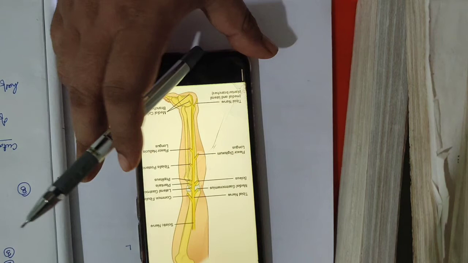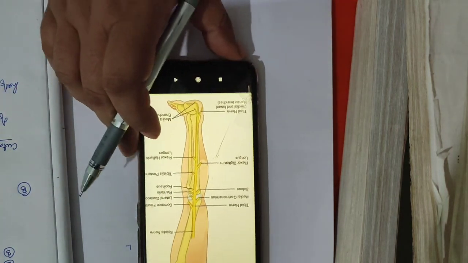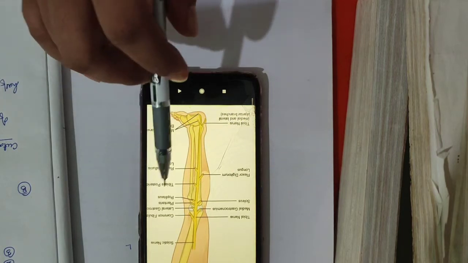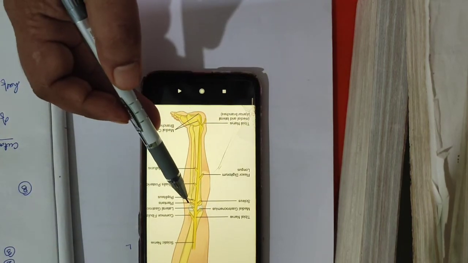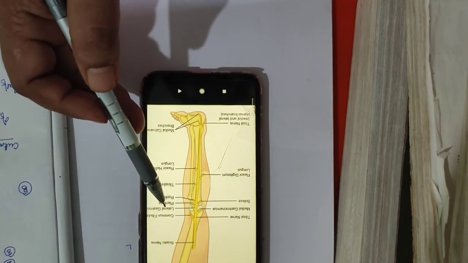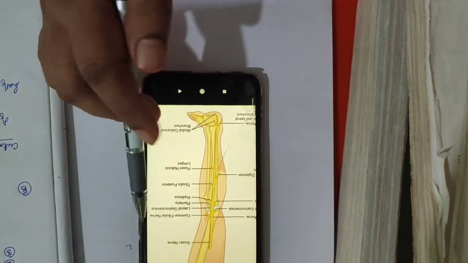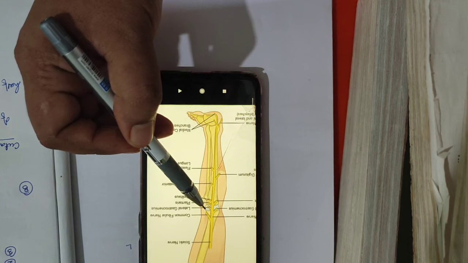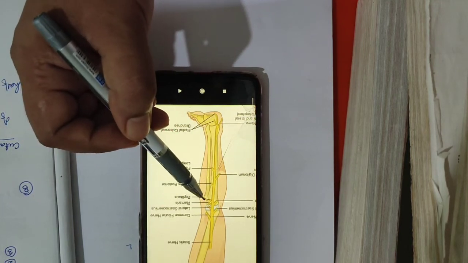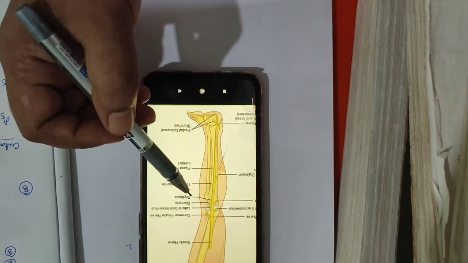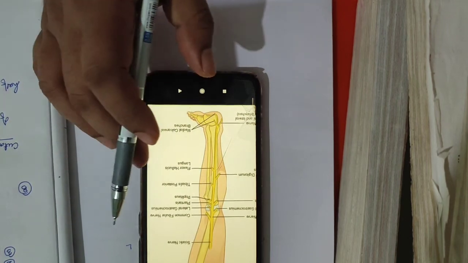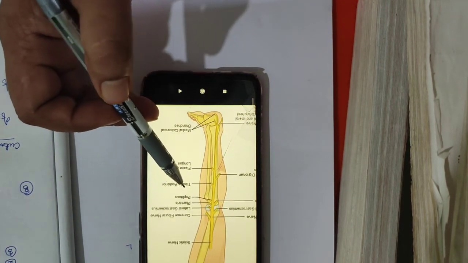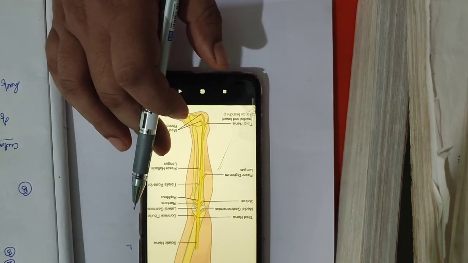And next, this is the muscular branch. On the lateral side, it supplies the lateral head of the gastrocnemius muscle, then the plantaris muscle and popliteus muscle.